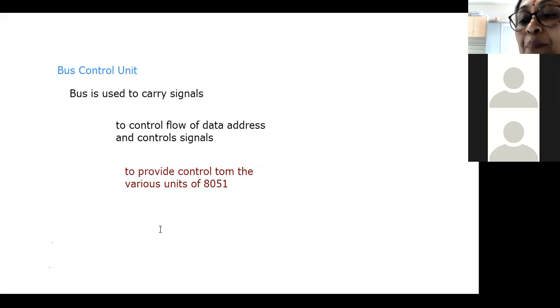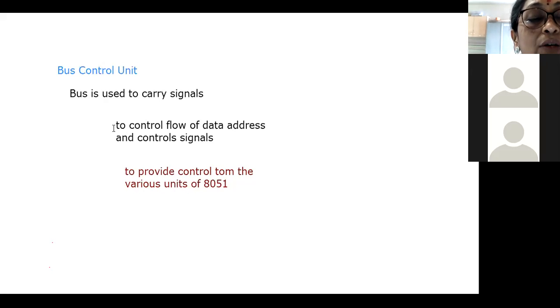Okay, so your timer unit may require the data bus, it may require the address bus. The memory unit may require the address bus, data bus, control bus. So this control of the buses is provided to the memory and to the timer unit by this bus control unit.